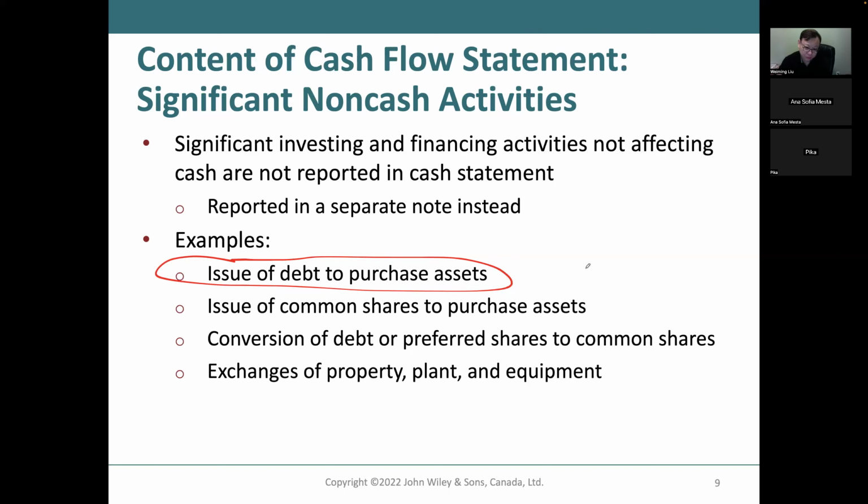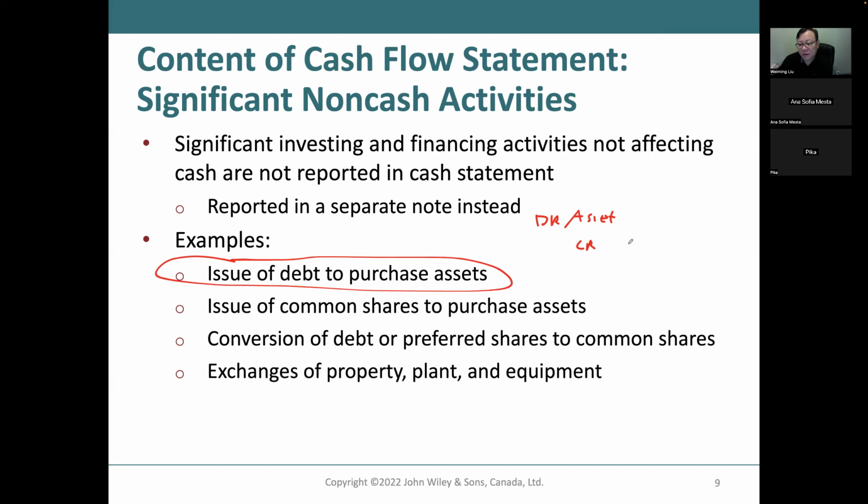Do you debit assets? Yeah, debit asset. And credit, cash? Sorry, credit what? Is it cash? Issue debt. So when you issue debt, you owe people money, right?